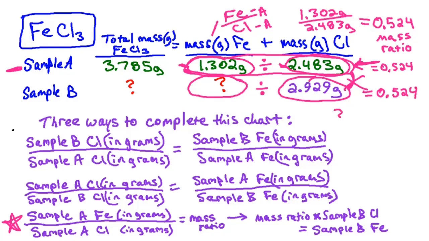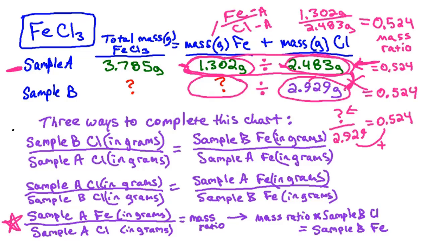So if we have question mark, which is the mass of the iron in sample B, divided by the mass of chlorine in sample B, 2.929, is equal to 0.524, then all we have to do to solve this question mark is to multiply these two numbers together, 2.929 times 0.524.